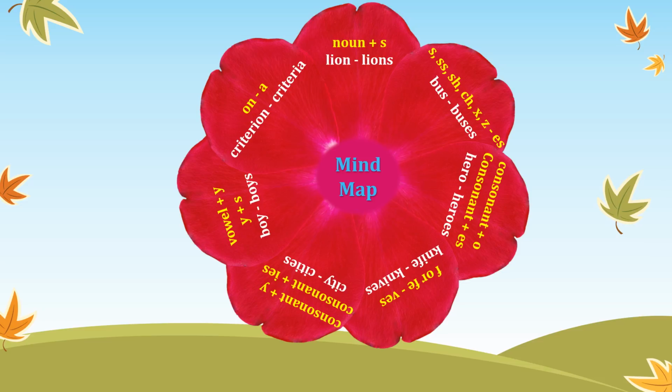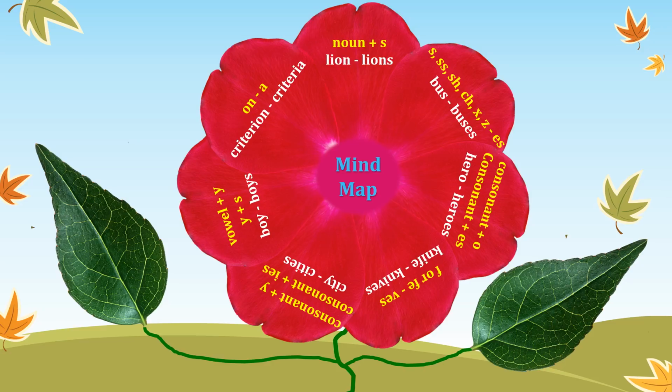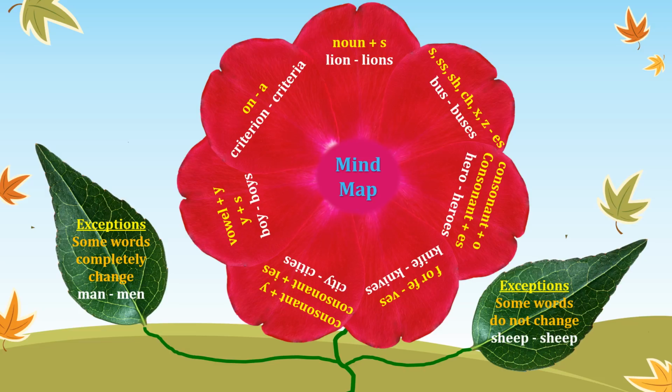But remember, we have learned two exceptions also. Exception number 1, some words completely change. For example, man will become men when changed to plural. Tooth will become teeth when we change it to plural. Exception number 2.